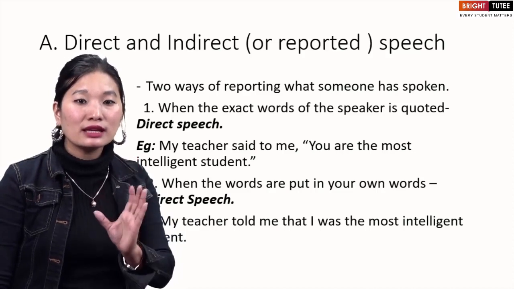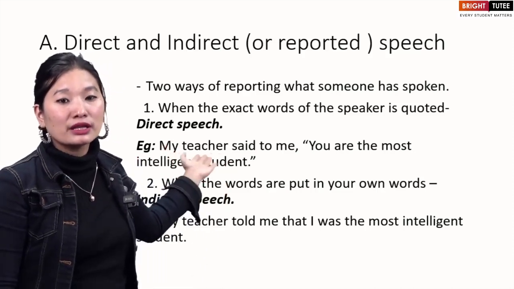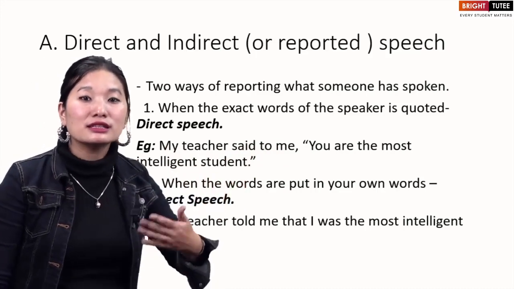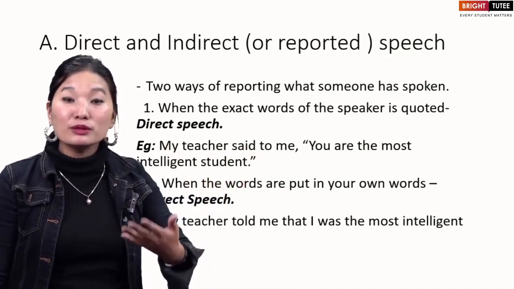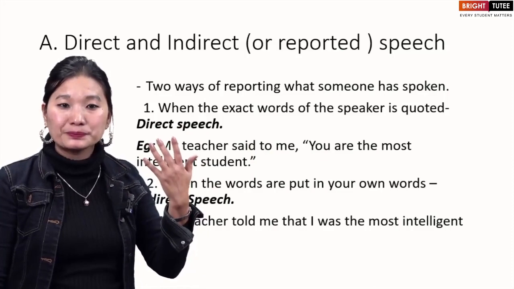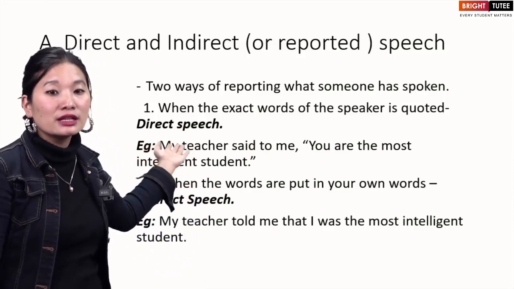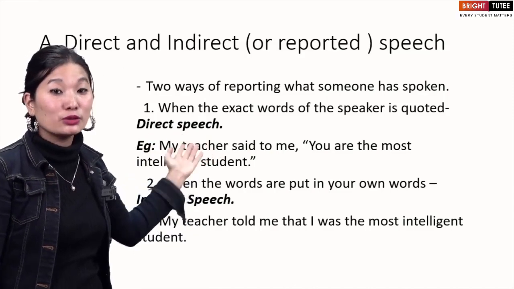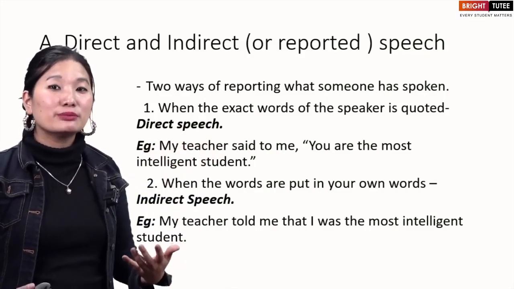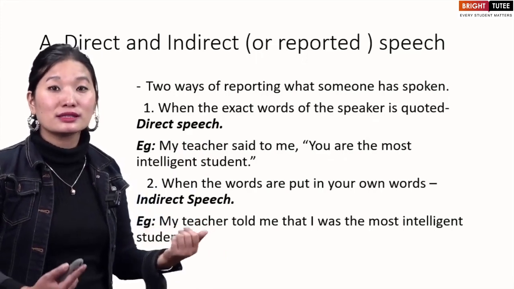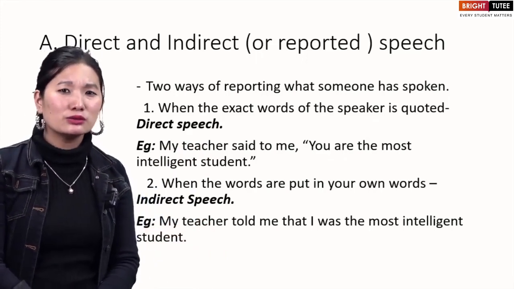You are saying in the direct speech, example, my teacher said to me, you are the most intelligent student. The teacher is giving a compliment to you for your intelligence, okay? If you are reporting this to your parents, you go home, you are excited because that particular day, your teacher said something good about you and you are so excited to tell your mother as soon as you reach home.